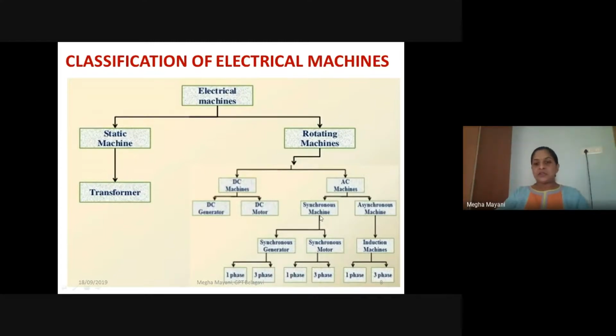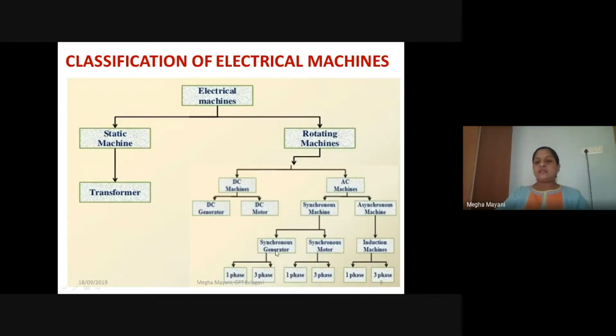Under the category of synchronous machines, there can be a generator, which will be generating an AC signal from mechanical energy, or it can be a motor, where it will be converting electrical energy, which is AC, into mechanical energy.